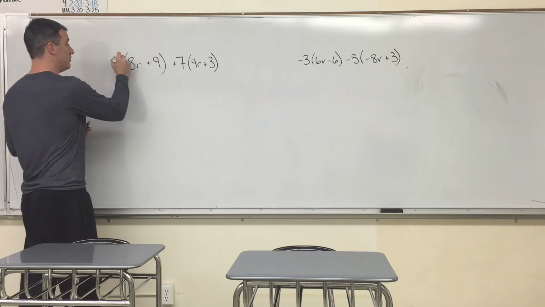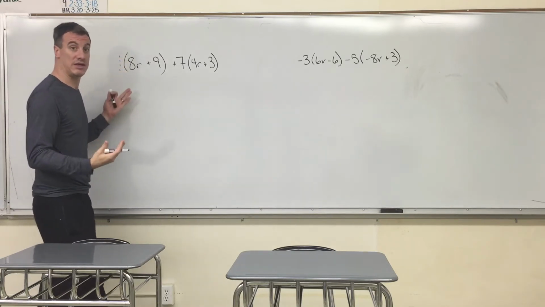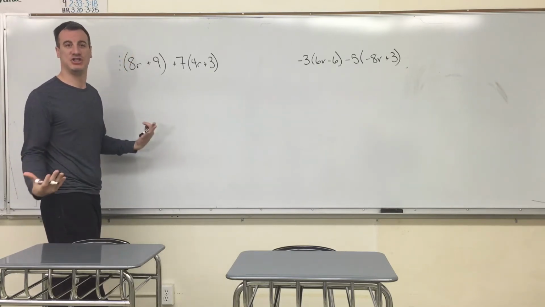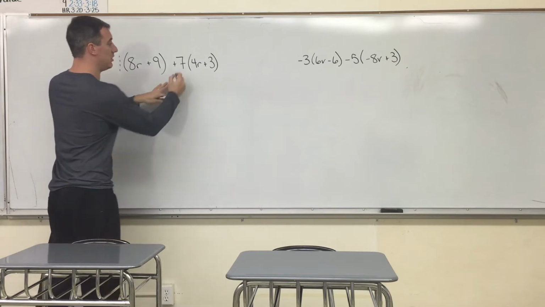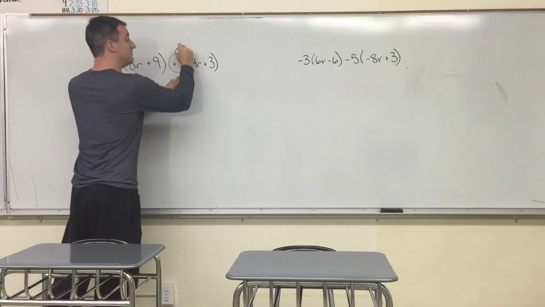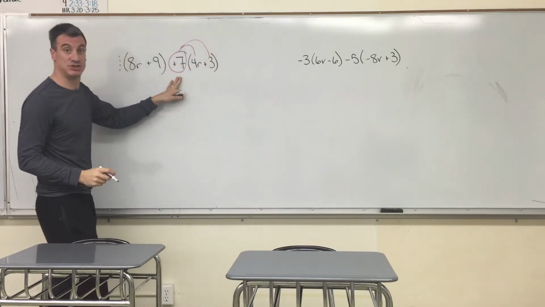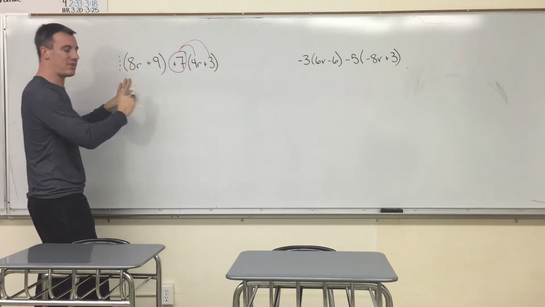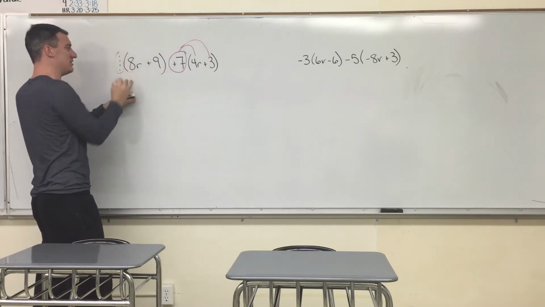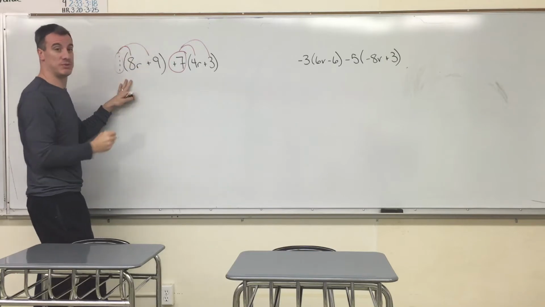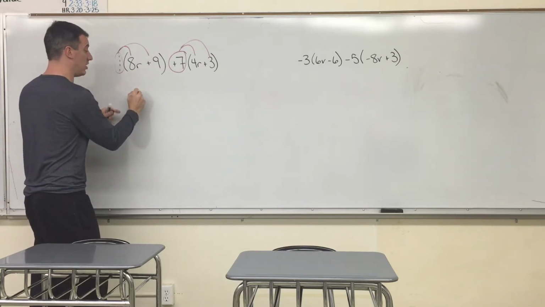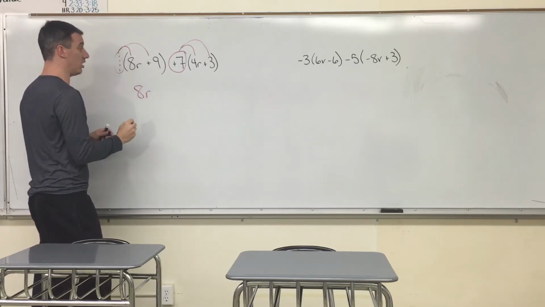Well, we know that we have this understood 1 here, but if I multiply 1, it doesn't change anything there. Here, I have this positive 7 that I need to distribute. So even if we do take this idea that this is a 1, I'm going to distribute the 1 through. 1 times 8r is 8r.